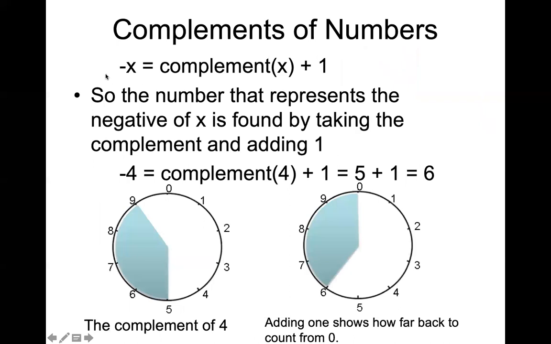So again, the negative of a number in a 2's complement number system is the complement of the number added to 1. So basically we've given a way to find the negation for all possible numbers on the number wheel. And this gives us basically the basis for a number system.